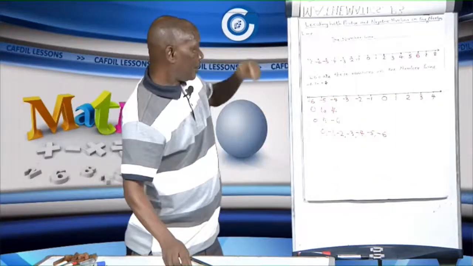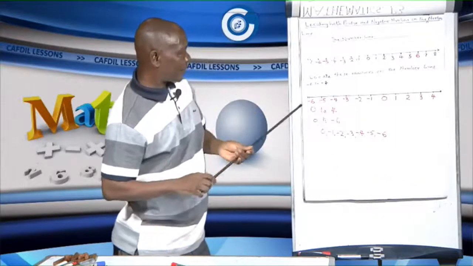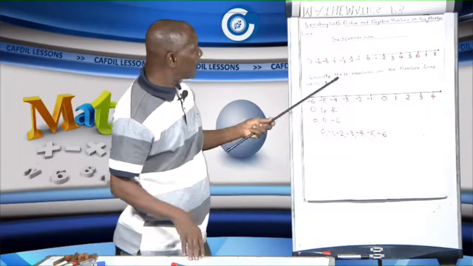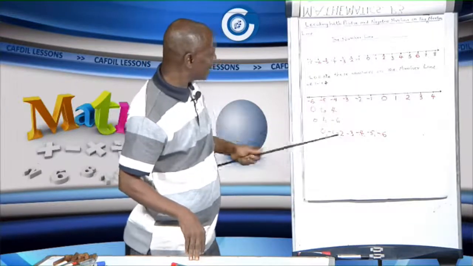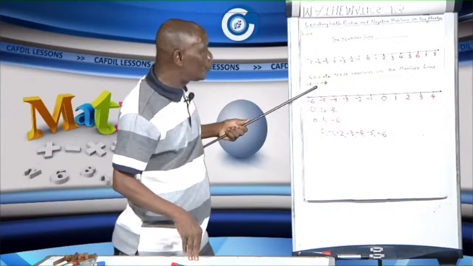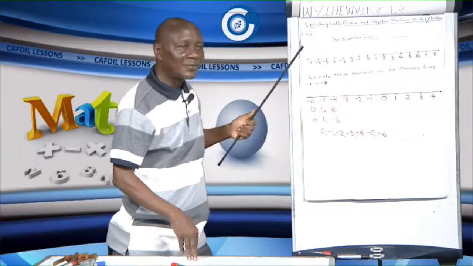Okay. Let's look at something here. We have to locate these numbers on the number line from -6 to +4.